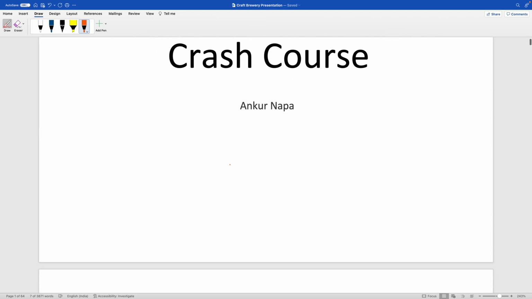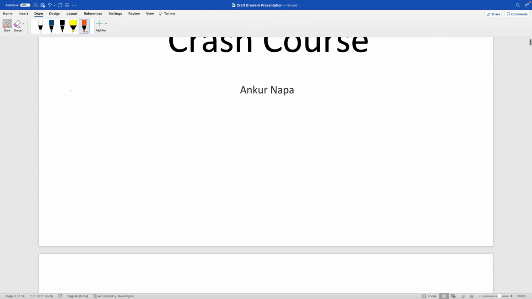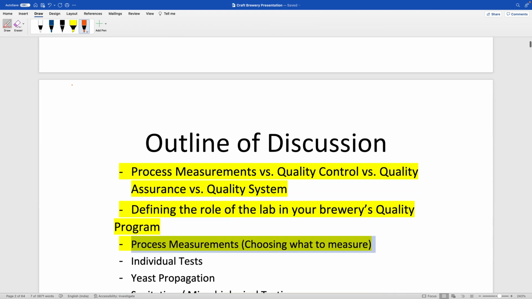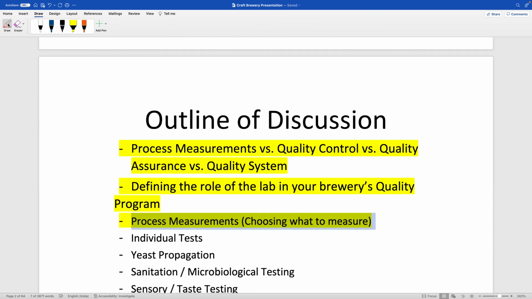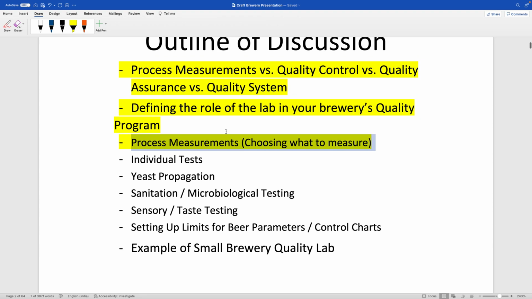And now this is part 5 of the same series. As of now, we have discussed process measurements, quality assurance, and quality system differences.